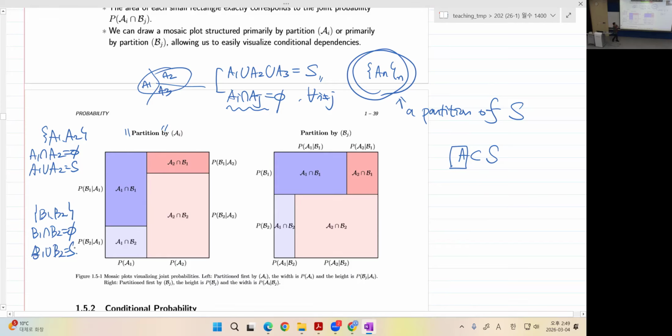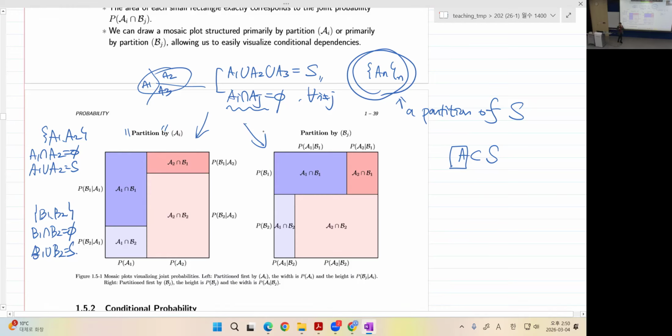So what is an example? When you roll a die, A1 is what? The event that the outcome is an even number. What is A2? Odd number. What is B1? 1, 2, 3. B2? 4, 5, 6. Something like that. Got it? So you have 2 partitions of the sample space. Then this plot is called, of course, these 2 are called mosaic plots.